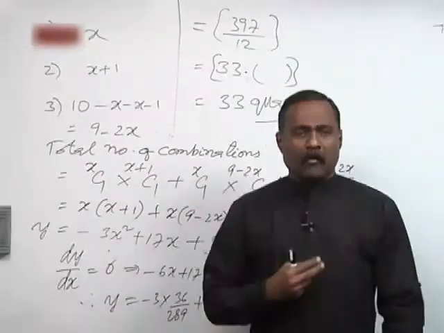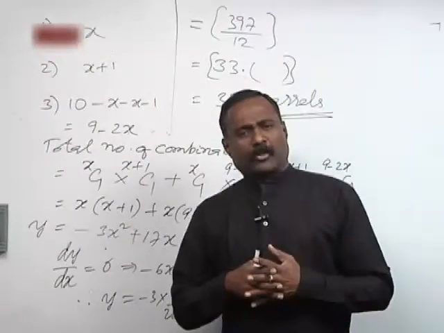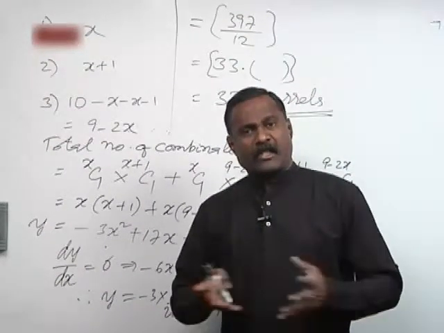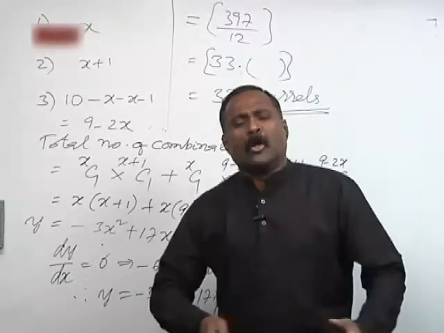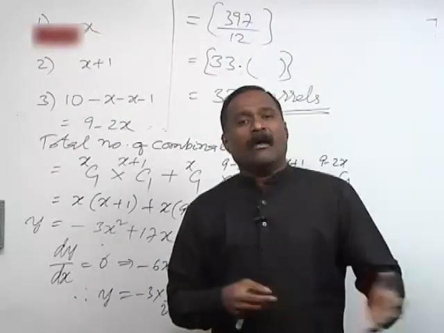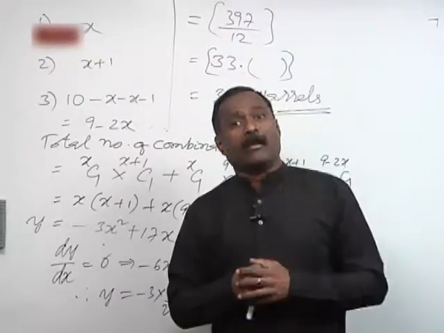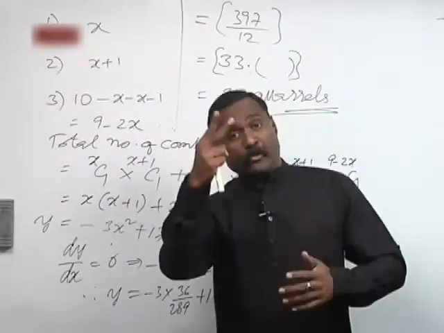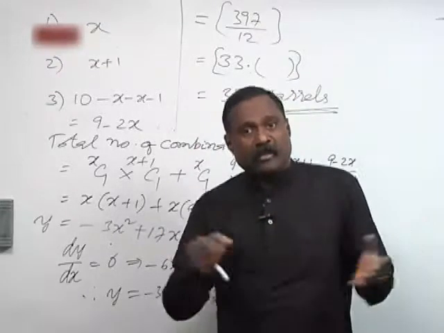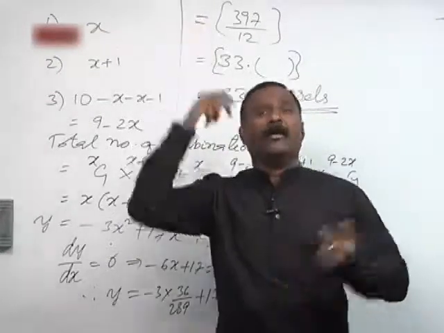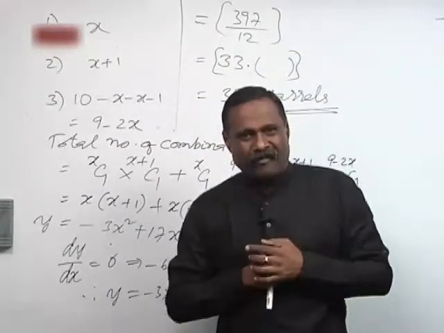That means in this case the distribution starts from 0. One beggar is not getting any amount, so he is getting 0. One beggar is getting 1 rupee, one is getting 2 rupees, one is getting, let me say, 3 rupees. Then what should be the maximum value? It should be 8 only.